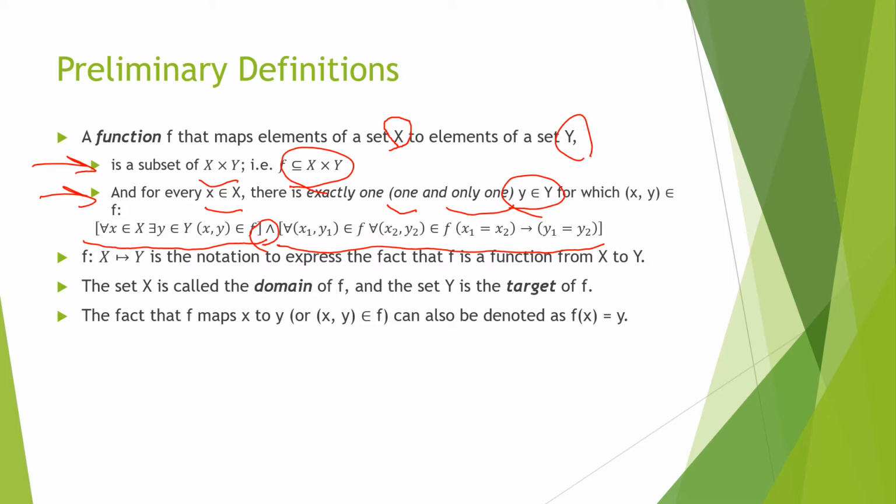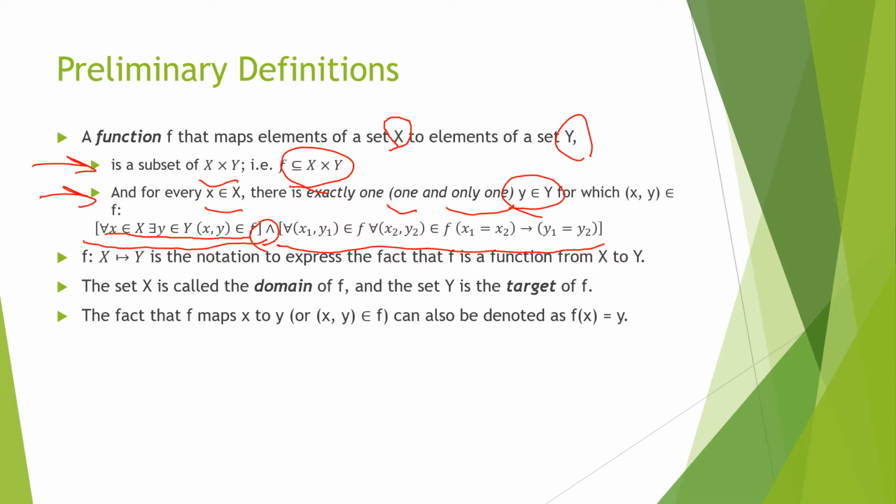The first part says for every x in x, there should be a y in y such that (x, y) is an element of f, which means that for every element in the first set, which we call the domain, there should be an element in the second set, which we call the target, such that x is related to y by f, which means (x, y) is in set f. That means there should be at least one element in the target for every element in the domain.